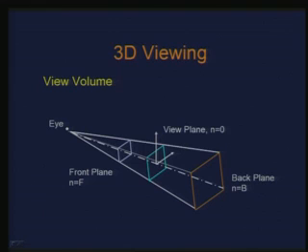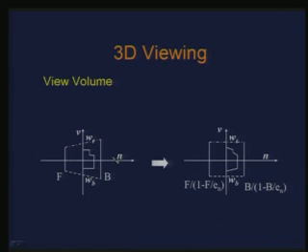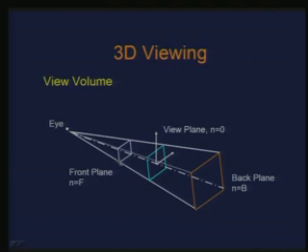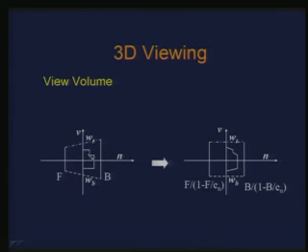fine. So, now having seen this viewing volume, now if we just look at the location of the front plane and the back plane, let us say in the direction n, and let us say I am just taking a slice of that, then I see that the front plane is located, let us say, at f and the back plane is located at b in the n direction. Okay.